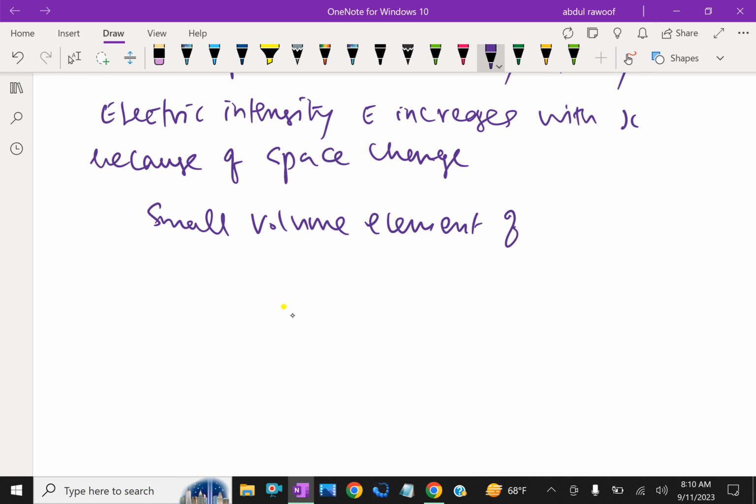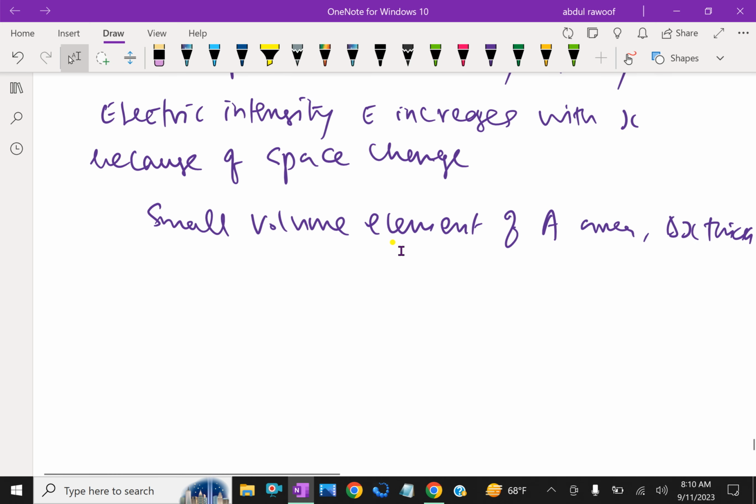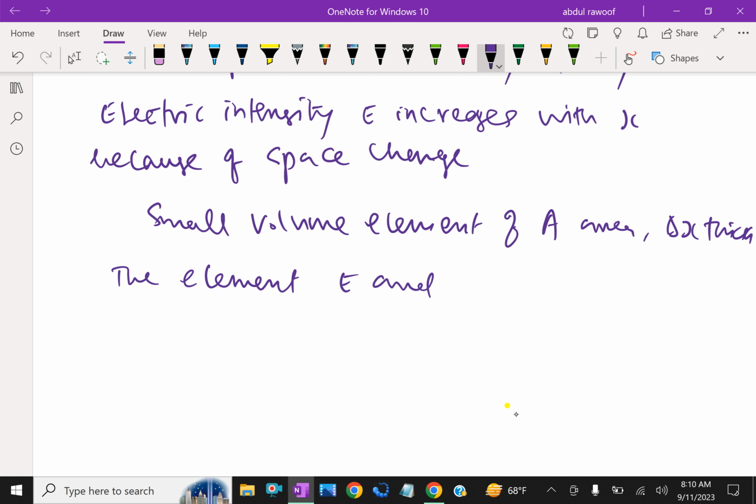The value of electric intensity at the two opposite faces of the element is E and E plus delta E.